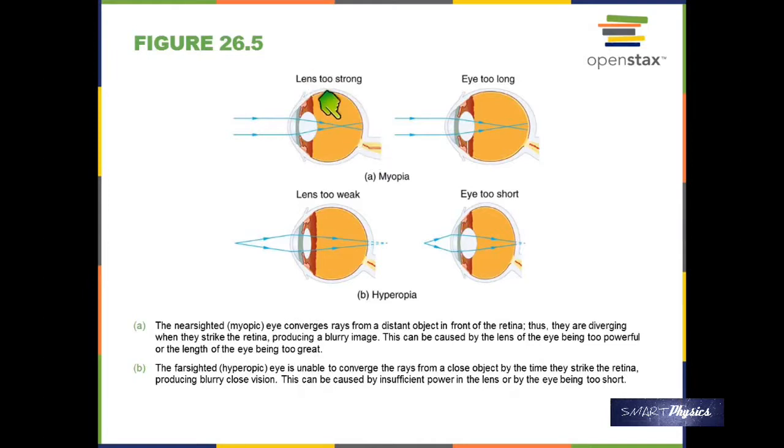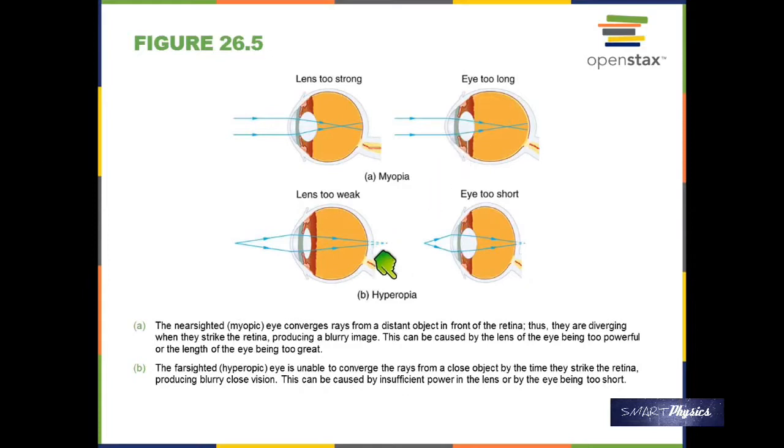So one reason for myopia or short-sightedness is the lens is too strong, or the eye may be too long. Look at the shape of the eyeball. So there are two reasons for myopia. Number one, the lens may be too strong so the focal point is before the retina, or the eye is too long, elongated along the x-axis. So again, the focal point is in front of the retina.